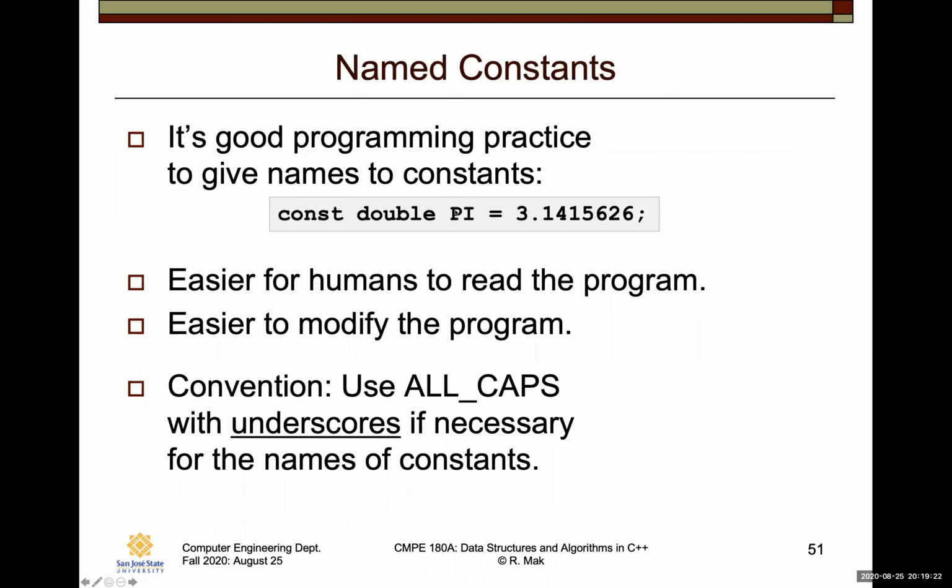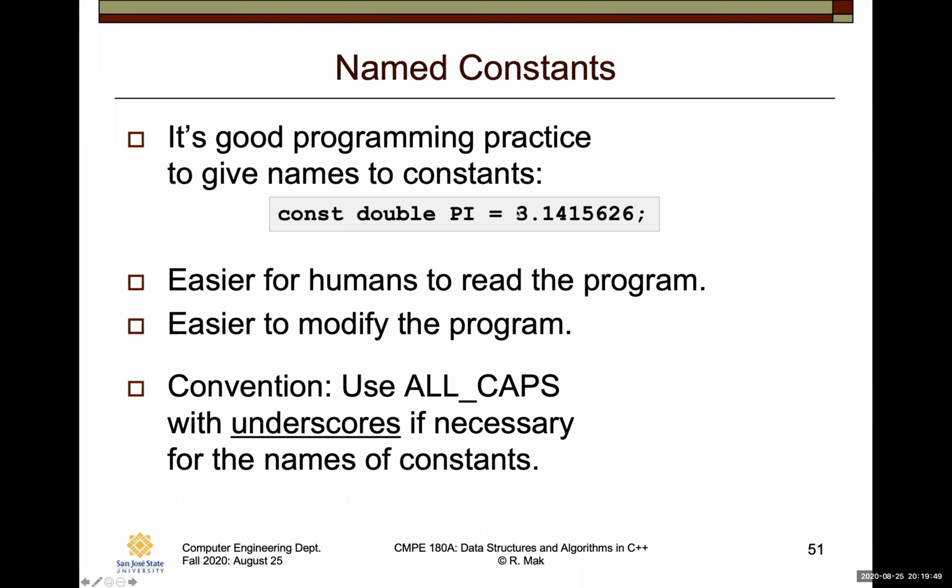I mean, this is not a variable. You're not going to be able to assign a different value to pi. And here I am giving it its value, and that means I only have to be sure to type that value correctly once. Okay. And if for some reason you want to change the value of pi, maybe you want to add more digits to it, you only have to change it in one place.